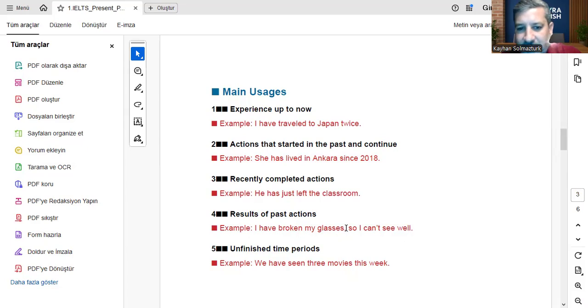As you can see, there is no specific time here, because right after that it's followed by the effect of the action. So I have broken my glasses. What's the effect? Now, at the moment of speaking, I can't see well.